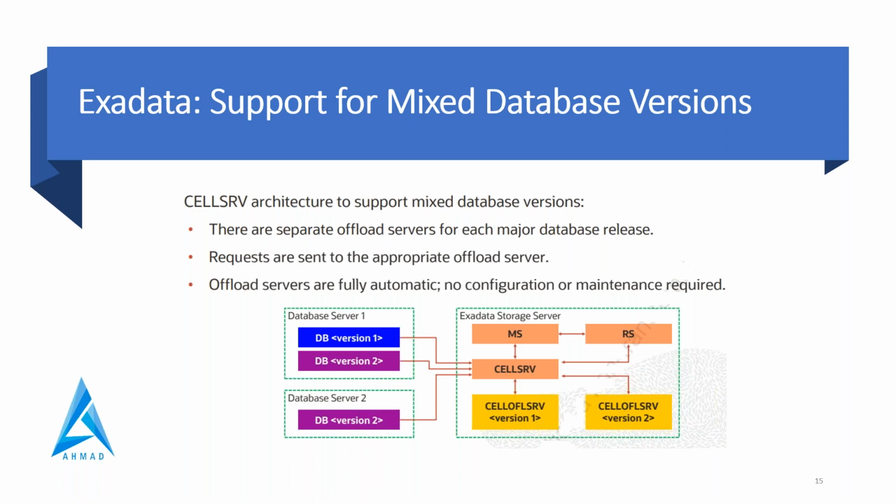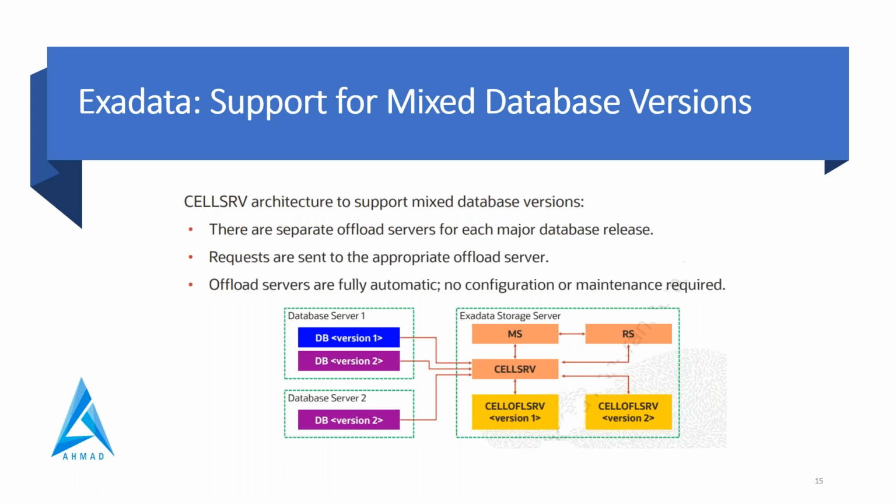Offload requests coming from Oracle Database 12c are handled automatically by a release 12c offload server, and offload requests coming from Oracle 19c database are handled by the 19c offload server.